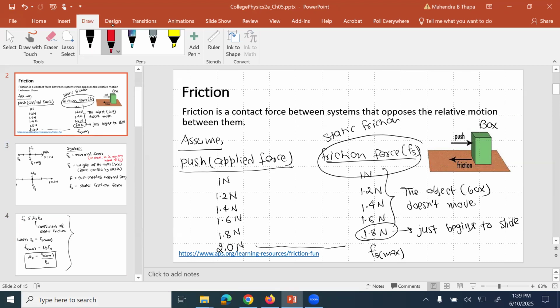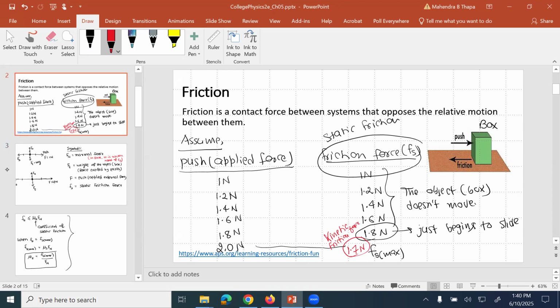In this case, the value of friction force will decrease, say for example 1.7 Newton. This is called the kinetic friction force, right?